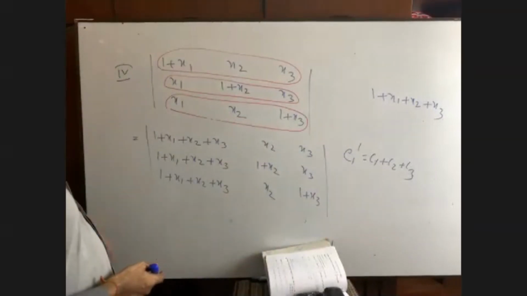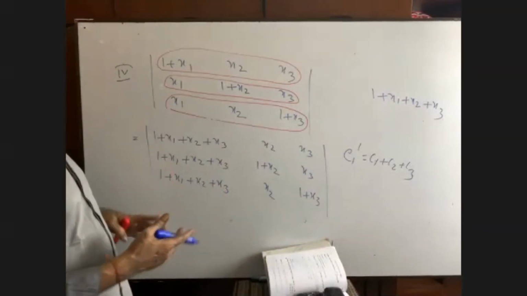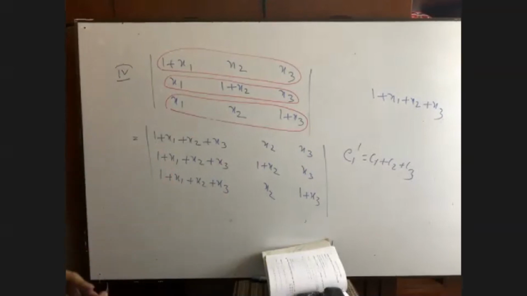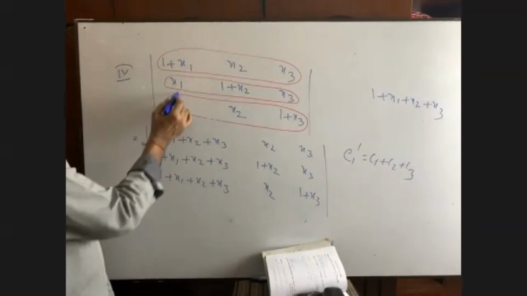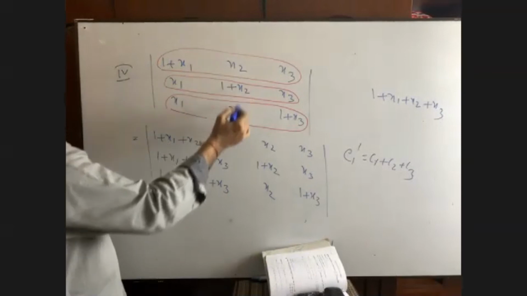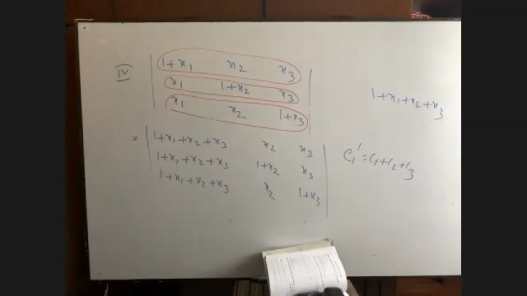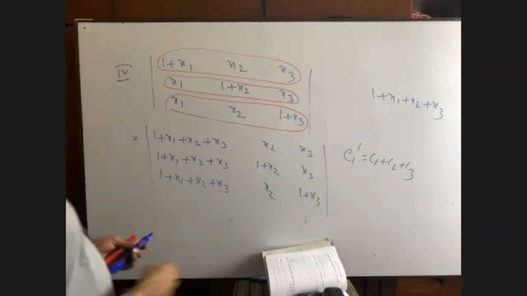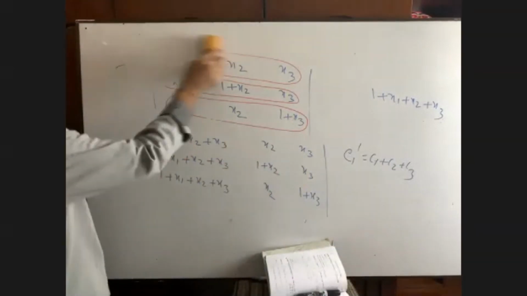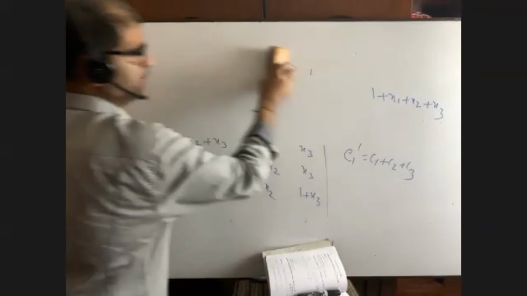But if you go for adding rows, your math won't work out, because it will be 1 plus 3x1, 1 plus 3x2, 1 plus 3x3. You have to expand it, and it will take time to complete that math.